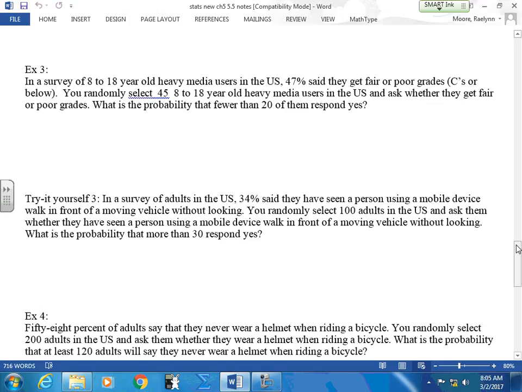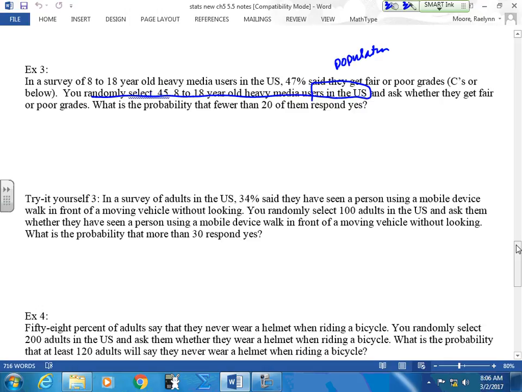You randomly select 45 8 to 18-year-old heavy media users in the U.S. So am I talking population or am I talking sample? Stephen, what'd you say? Population. We are talking population.